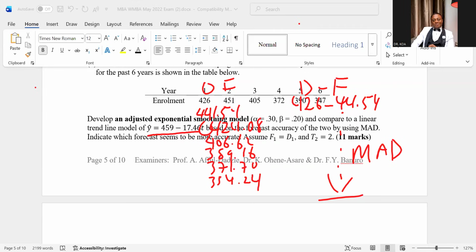Do you get my explanation? Yes, please. But what are we finding exactly? We're finding the sum of D minus F. That's why they are picking the demand, which is the 426, minus the forecast for that period, which is 441.54. Thank you.